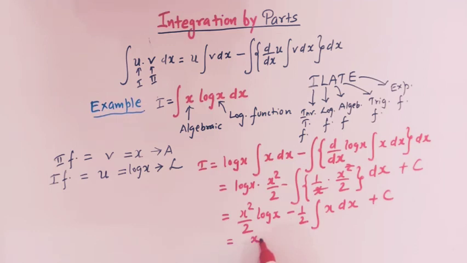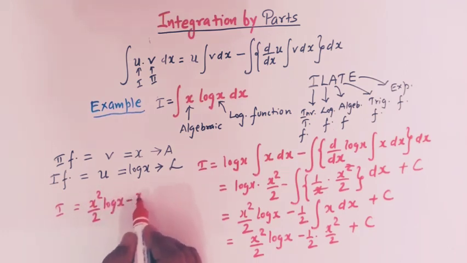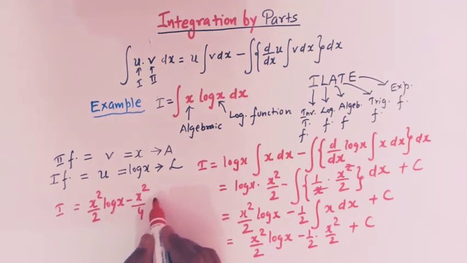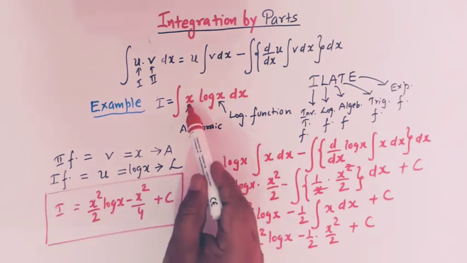So now this can be written as x square over 2 log x minus half, and the integral of x is x square over 2, plus c, right? So now this can be written as x square over 2 log x minus x square over 4 plus c. So this is the required integral of the product of these two functions.